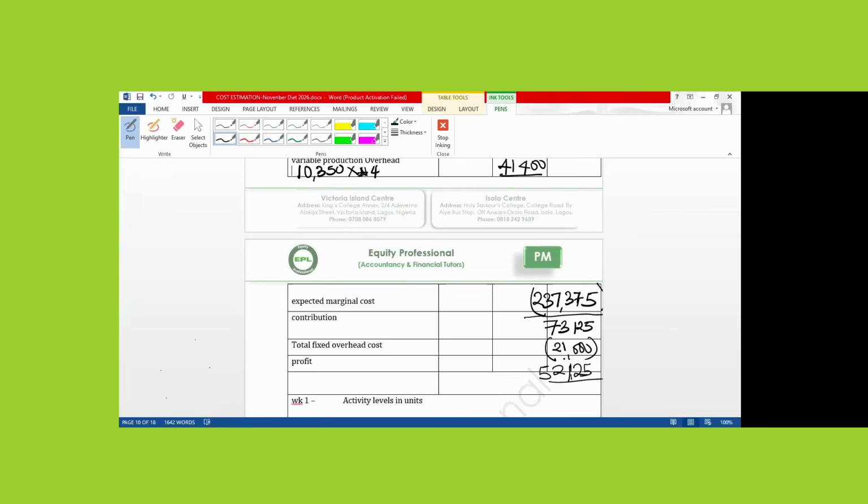You must know the cost of that product. How much will it cost me to manufacture this product?